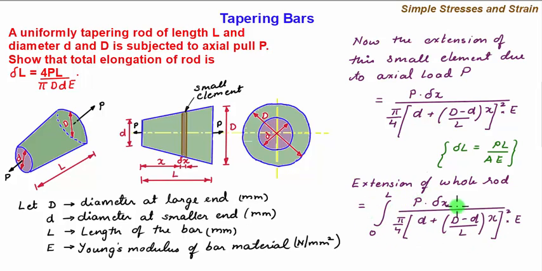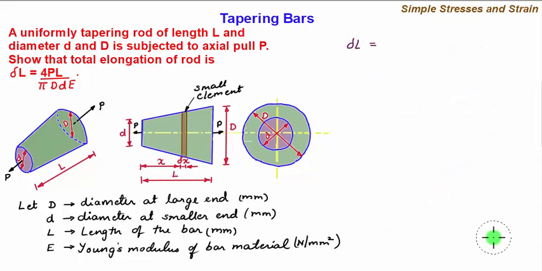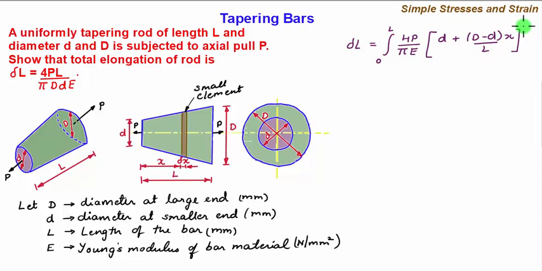So we see that this term is of the type 1 by x square, whose integral will be given as delta L equal to integral from 0 to L 4P upon pi E into d plus capital D minus small d by L into x, the whole to the power minus 2 into dx.